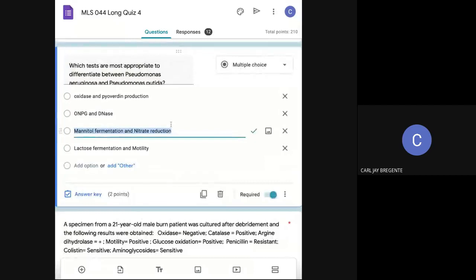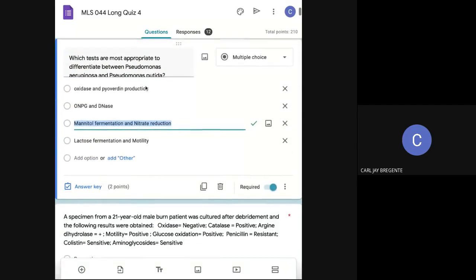Both organisms, Pseudomonas aeruginosa and putida, are oxidase positive. Both of them are motile. Both produce pyoverdine and are ONPG positive, but they differ on mannitol fermentation, nitrate reduction, as well as growth at 42 degrees centigrade.